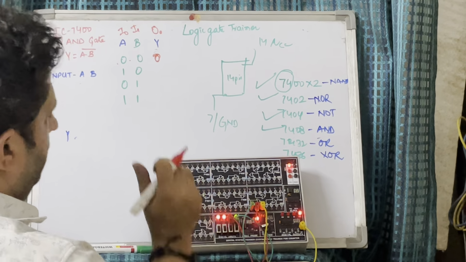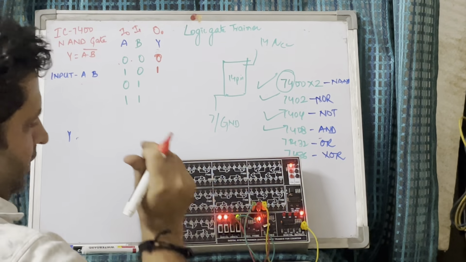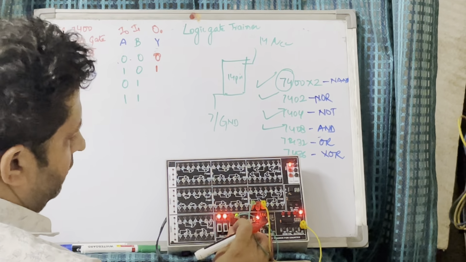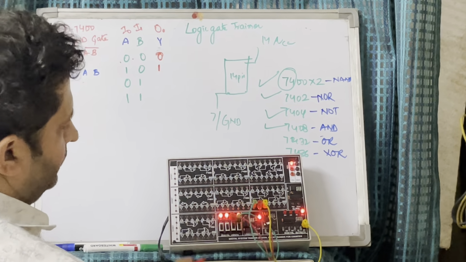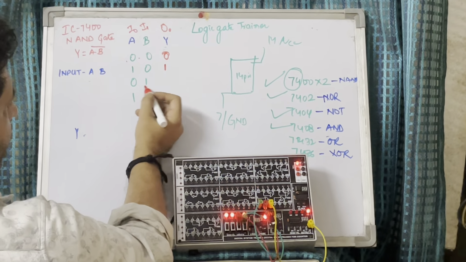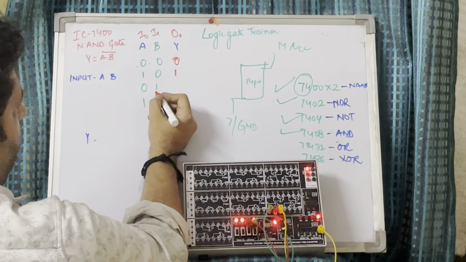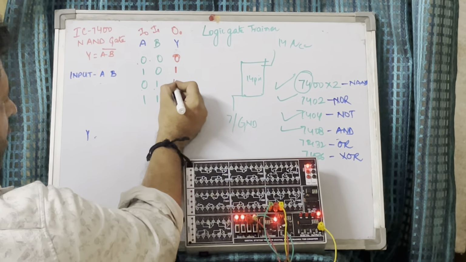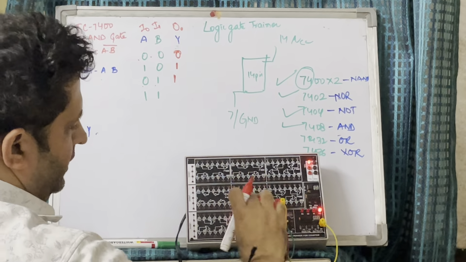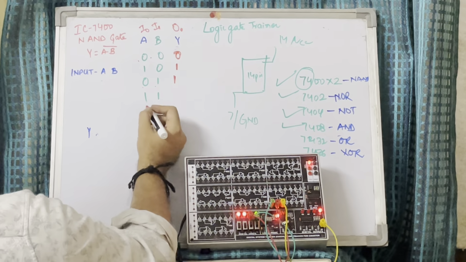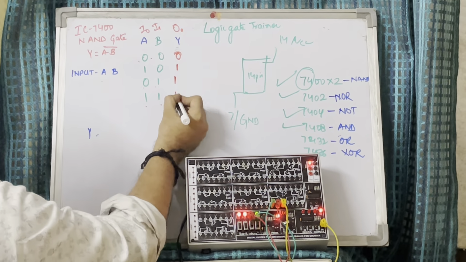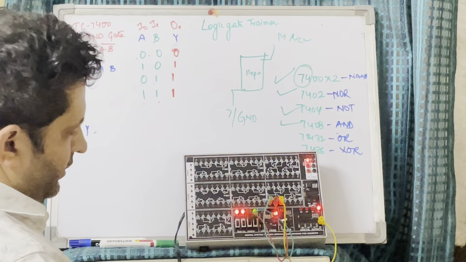Now 1, 0, the output is high. Now another condition, that is 0, 1. I0 is low, I1 is high. Output is 1, as you can see. Now the last condition, when both I0 and I1 are high, output is 1.